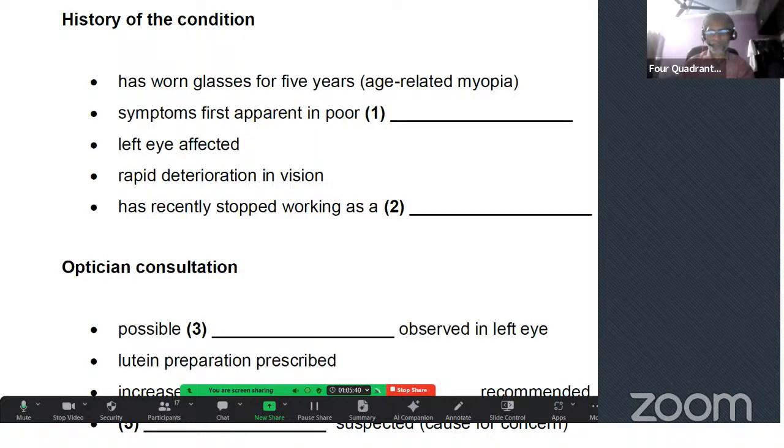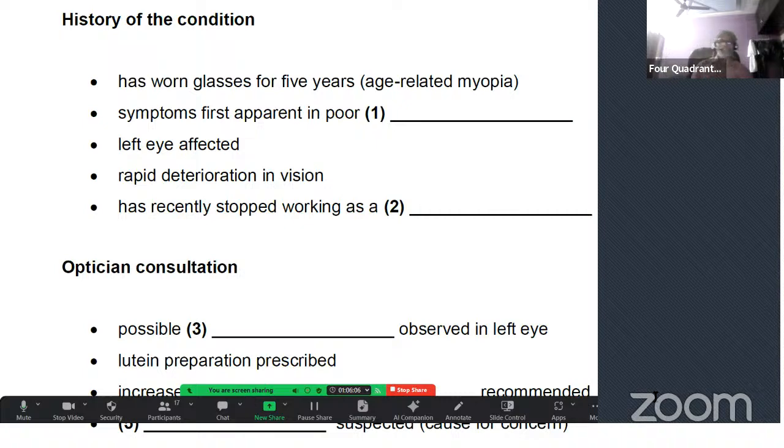Now here, be ready to answer my question. Then only you can get an idea here. Has worn glasses for 5 years. So it's age-related myopia. Symptoms first apparent in poor dash.